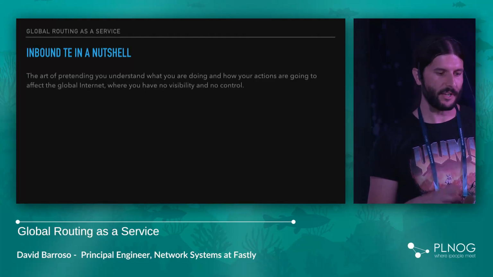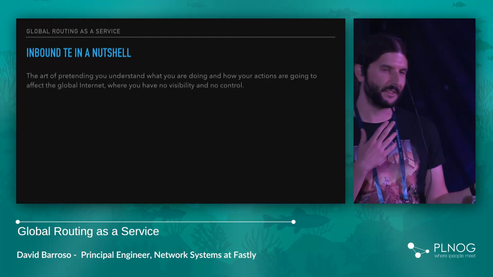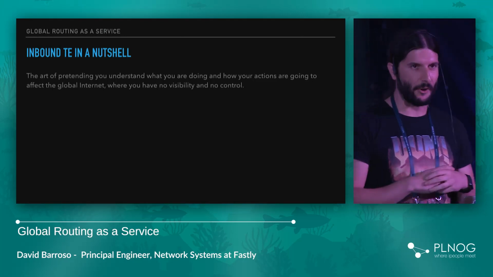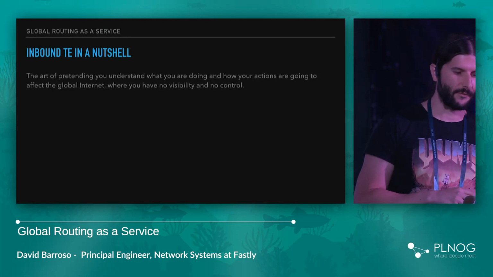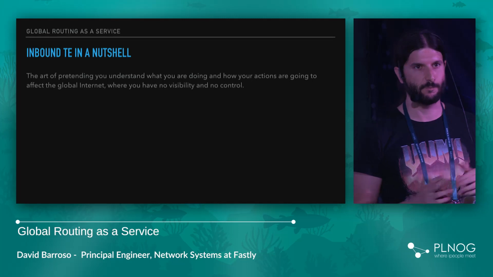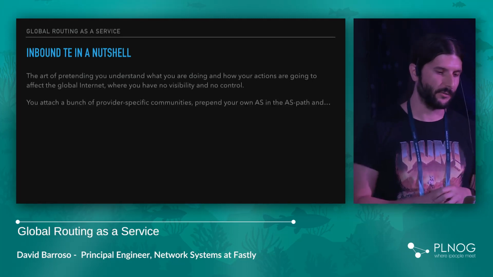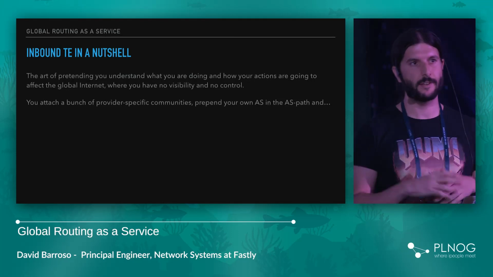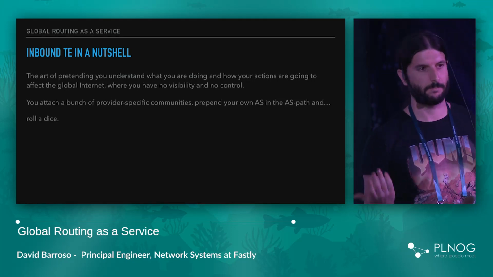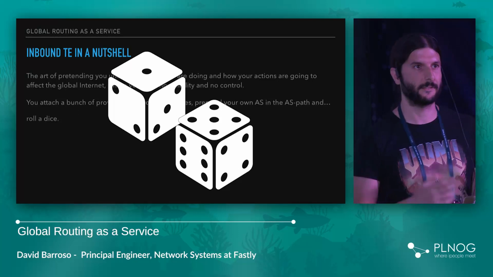So in summary, inbound TE is kind of like the art of pretending that you understand what you're doing and how your actions are going to affect the global internet, where you have no visibility and no control. So you start just attaching a bunch of communities, you prepend your own ASN in the AS path, and you basically roll a dice and hope for the best.